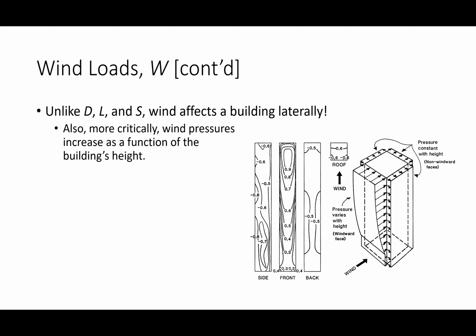Have you ever been on the observation decks, like on the 88th floor, outside? Was it windy? Yeah, it was windy, right? Wind speeds and wind pressures on buildings vary as a function of height. So if you're designing for gravity loads, just gravity up and down, a floor beam on the 3rd floor behaves the same way as the floor beams on the 83rd floor because it's just gravity.